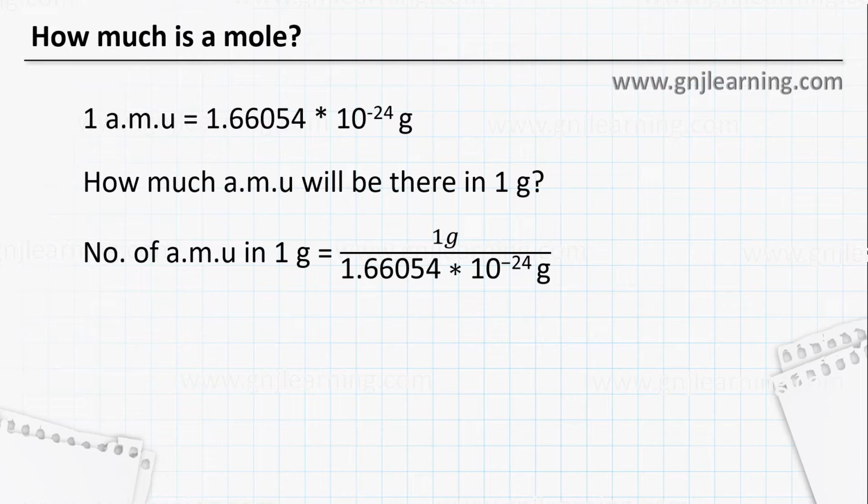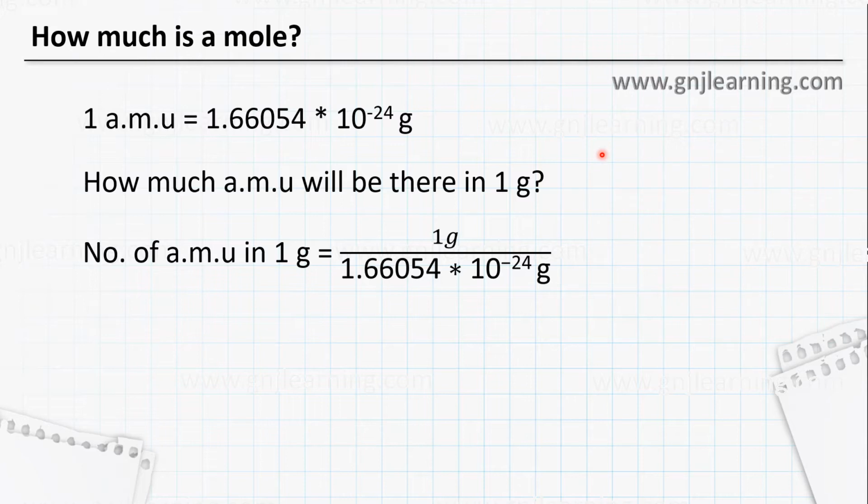And so if I am taking 1 gram of protons, how many protons will be there? You can just rephrase the question like that. I know that the mass of 1 proton is equal to 1.6605 into 10 raised to minus 24 grams, and I have 1 gram of protons with me.